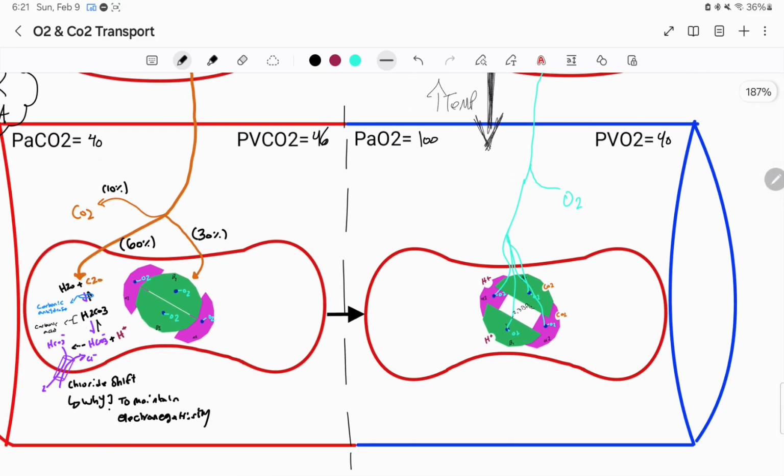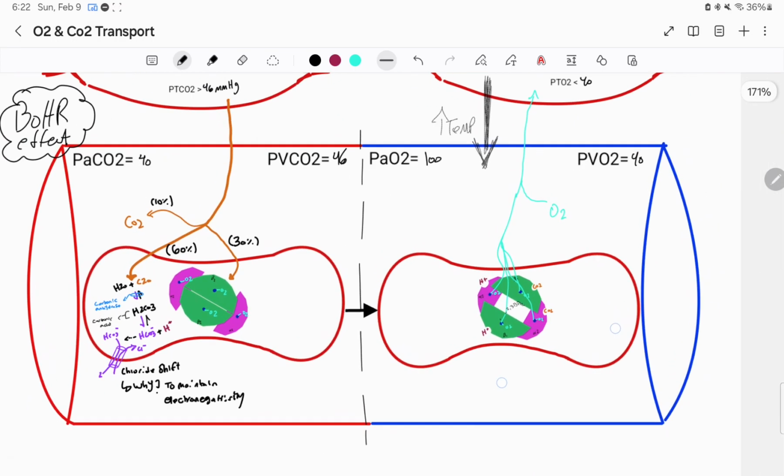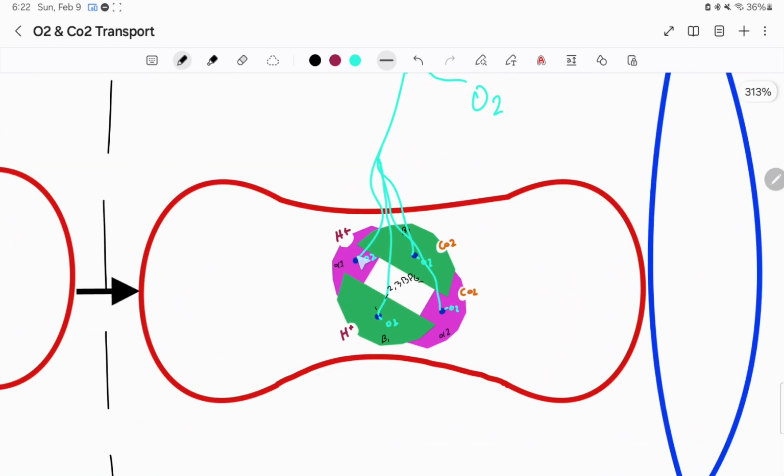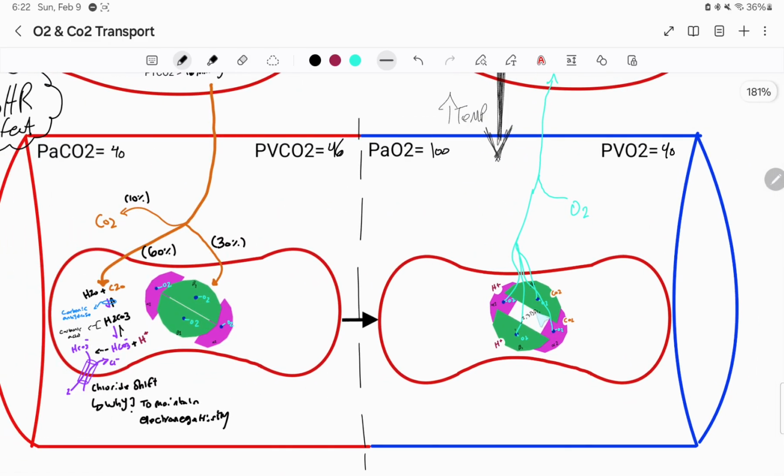So those four factors that I talked about in the last video are popping up right here, and they're playing an important role here. But the major ones are going to be the CO2 and the protons that bind to hemoglobin and change its shape in a way that oxygen is no longer wanting to bind to hemoglobin, because the affinity of hemoglobin for oxygen is lowered.